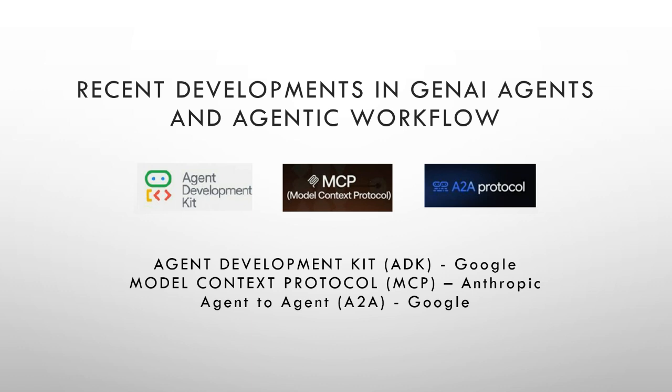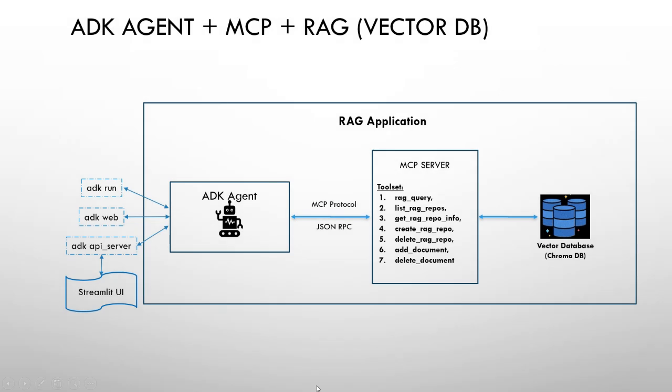So let's start. This is what we are going to build today. We would have the ADK agent that would interact with our MCP server, which at the backend would have a vector database, which is ChromaDB here. And altogether it is called the RAG application. And as you might have seen in my previous videos, once we have the application, we can run it in three different ways in ADK.